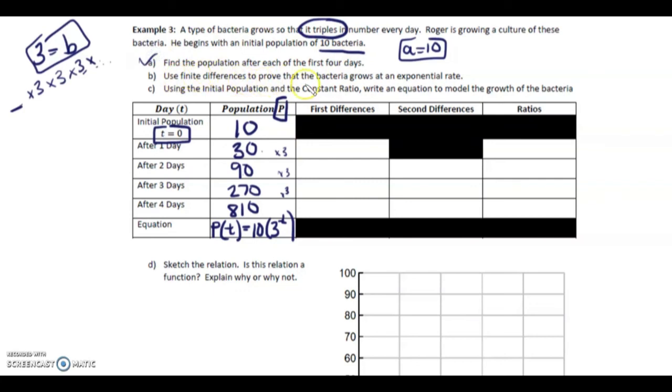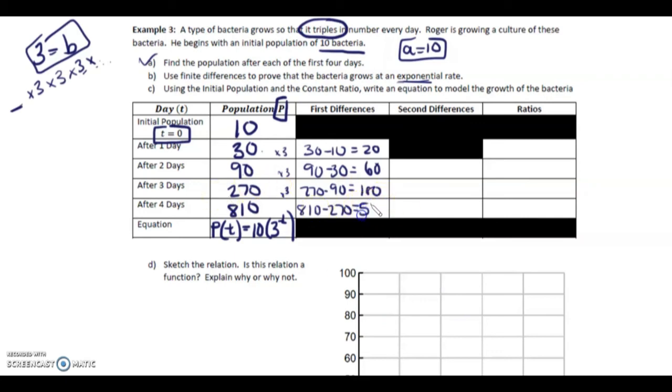Use the finite differences to prove that it's exponential. So let's do that. I'm just going to show you that when we subtract up the y column here, 30 minus 10, I get 20, 60, what is that, 180? 810 minus 270, 540.